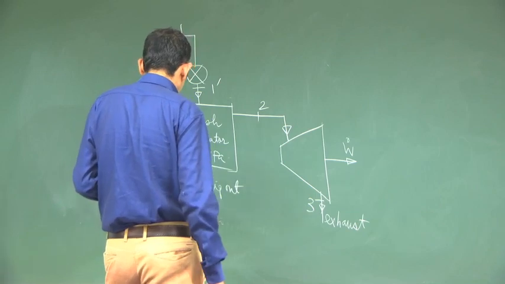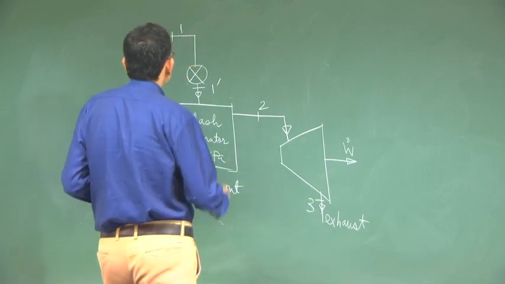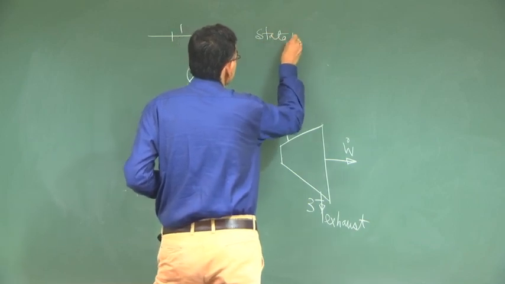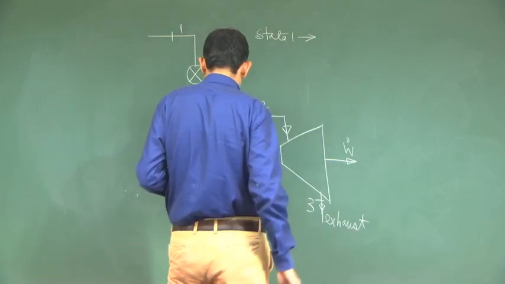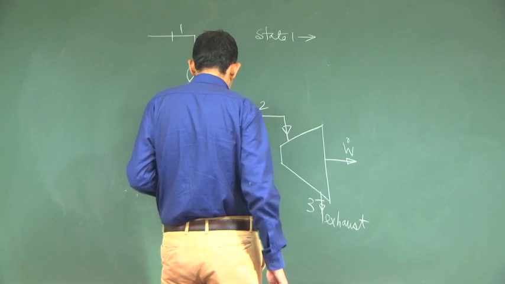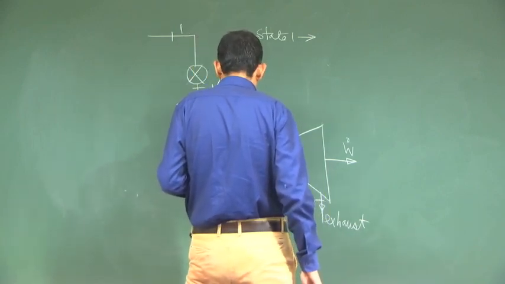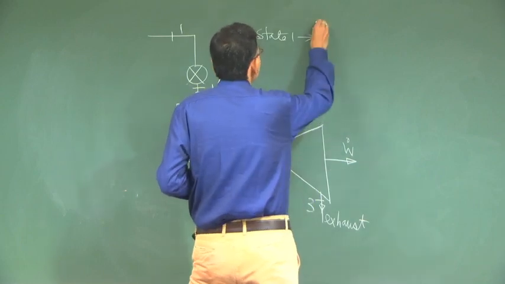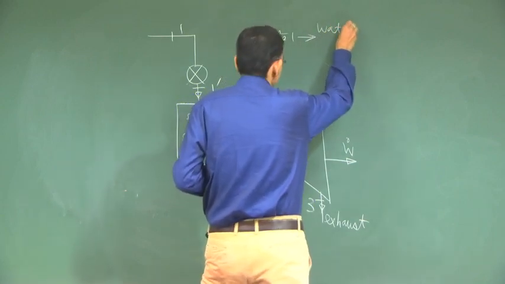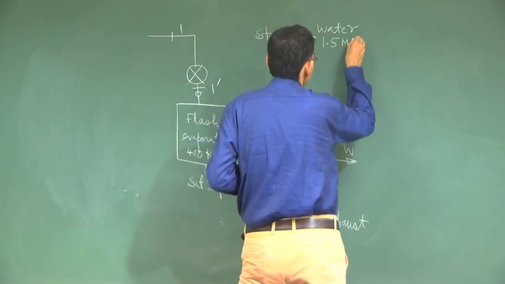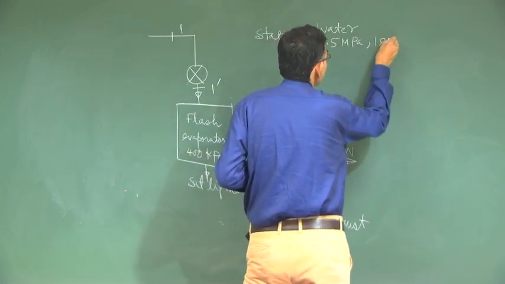Let us write the values here. State 1 is water at 1.5 MPa, 180 degree centigrade.